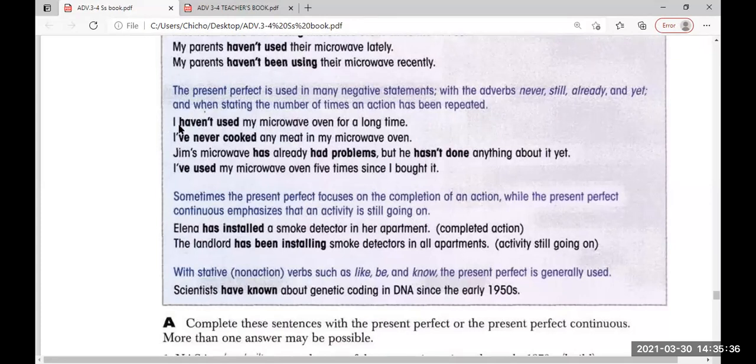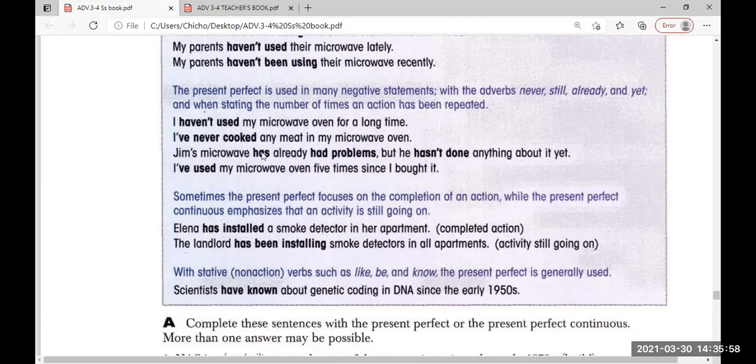For example, I haven't used my microwave oven for a long time. Okay, so here we have some expressions for a long time. I've never cooked any meat in my microwave oven. Then here we have the expression never. It's very common too.